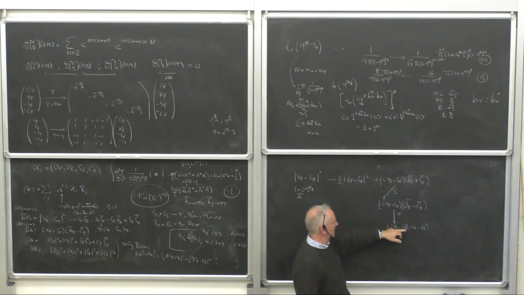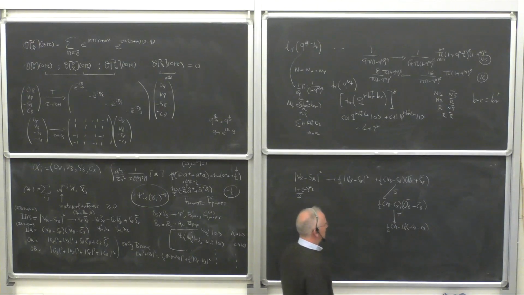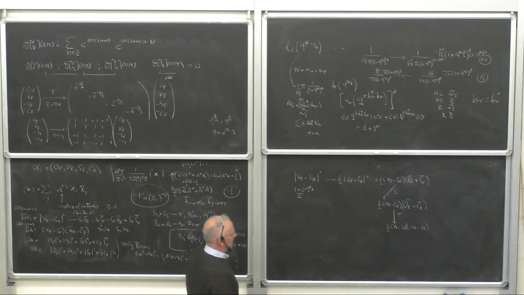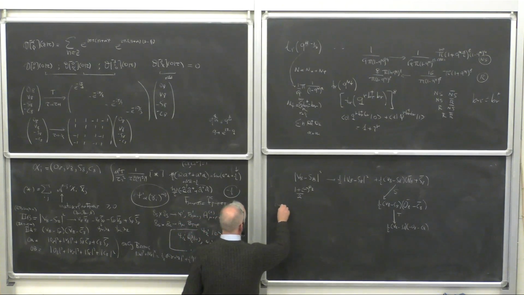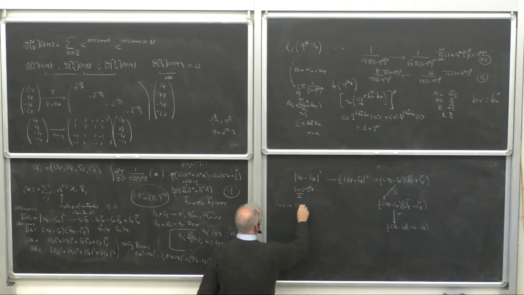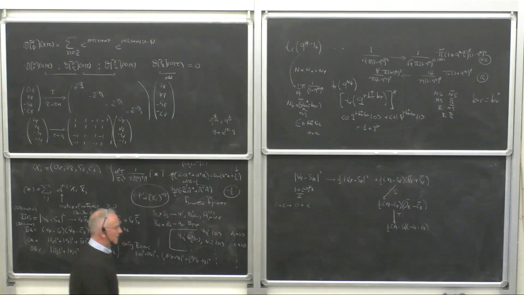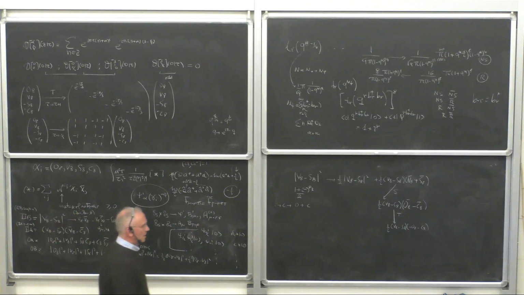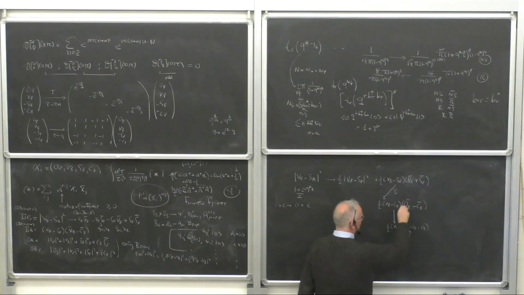And under S, O plus C becomes what? Let's see, O plus C. It's invariant under S. So this is invariant under S, and under T it goes back like that.